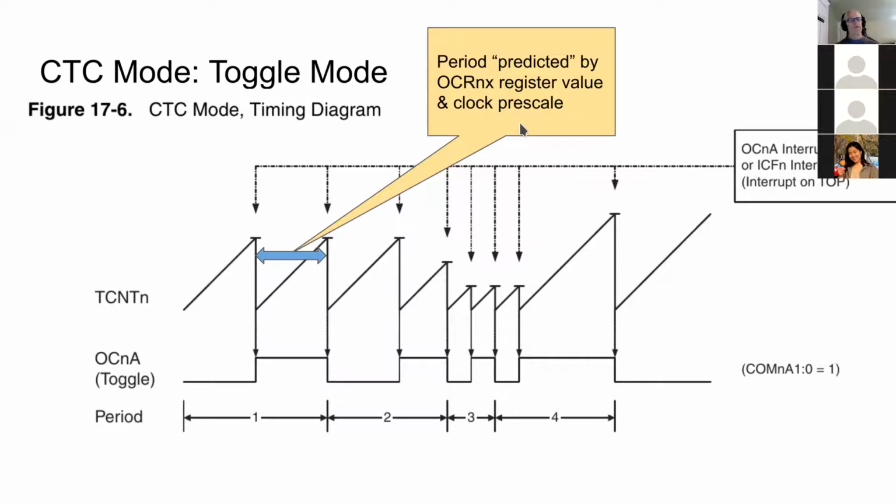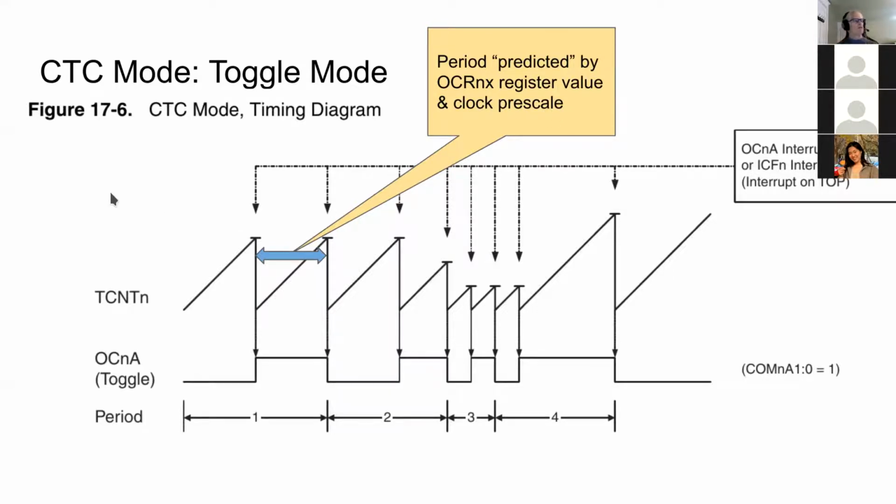So one more thing to keep in mind is that if we know the clock speed and we know what this output compare register value is, we know how long that's going to take. And that's the period of the waveform that we're generating. And the clock speed is determined by the prescale value applied to 16 megahertz, like 16 megahertz divided by 64.